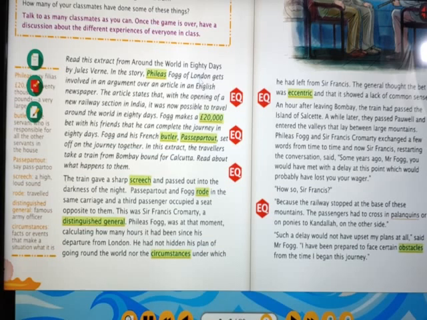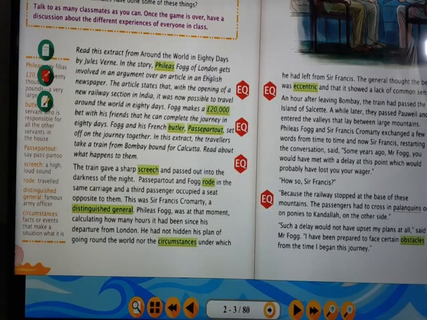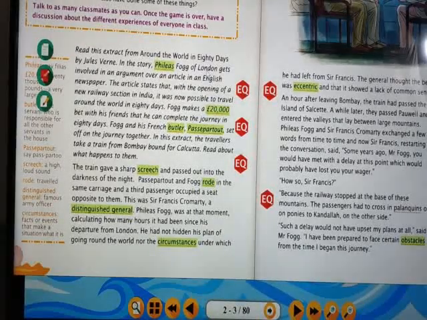And now, Fogg was calculating how many hours he had taken since his departure from London. Now, in between, they are discussing.